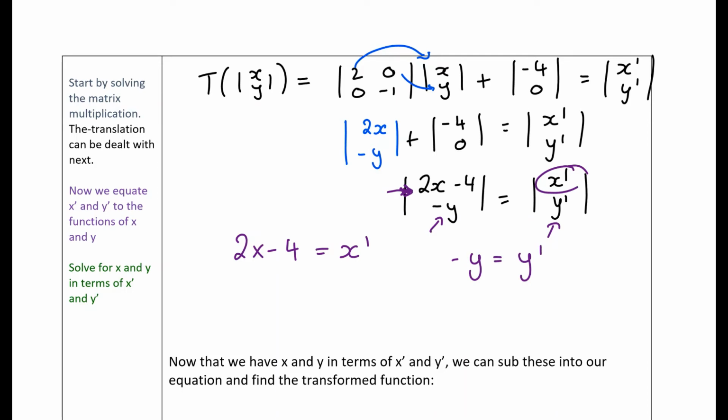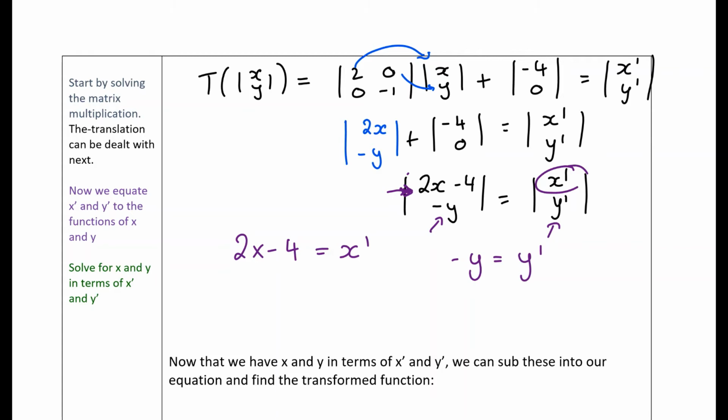Now, once I've done this, so I've multiplied and added, in other words, I've resolved the matrix equation, I can then equate my top line to my new x, my bottom line to my new y. The final step here is to solve for x and y.